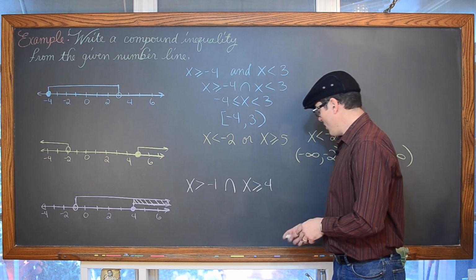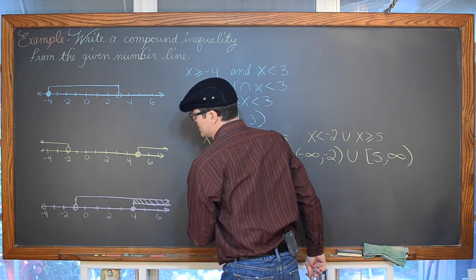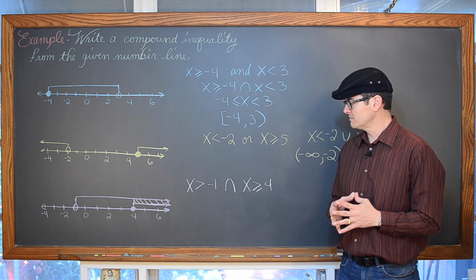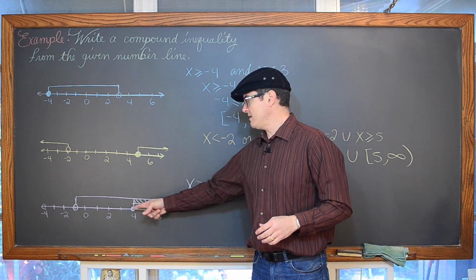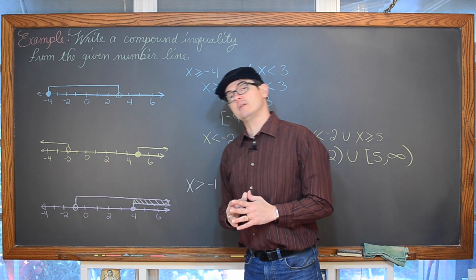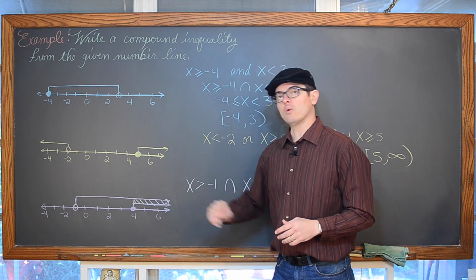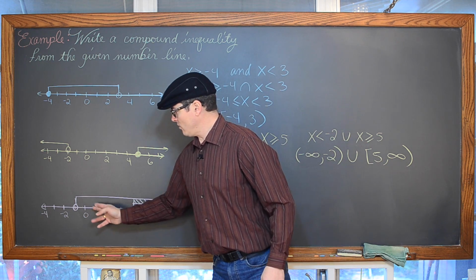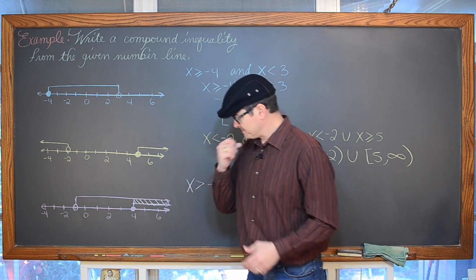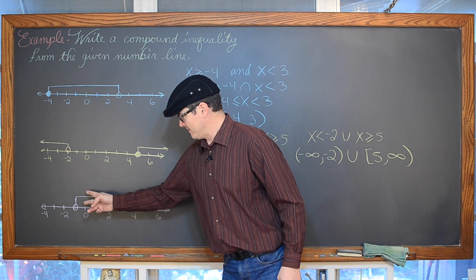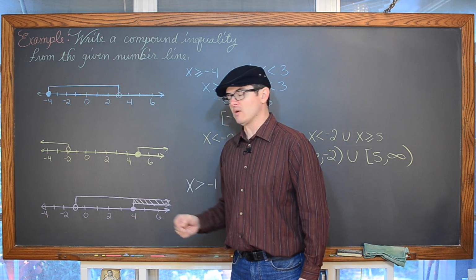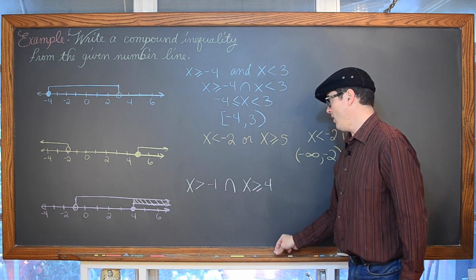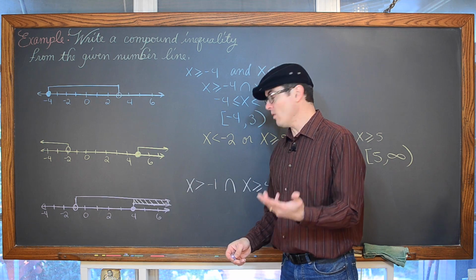But if I want to write an inequality that says all of the shading on the number line is considered a solution, where you're not only satisfying x greater than or equal to 4 and greater than negative 1, but these values of 3, 2, 1, 0, 0.1, a little bit of negative numbers here, we want to include these values as well, that are a solution to only x is greater than negative 1, well then that's going to require the word or.